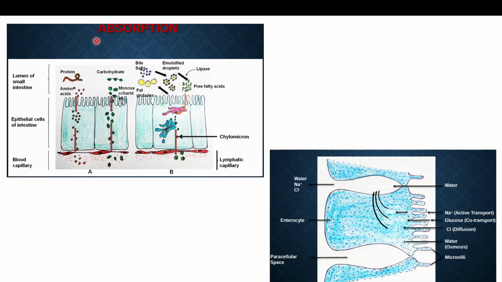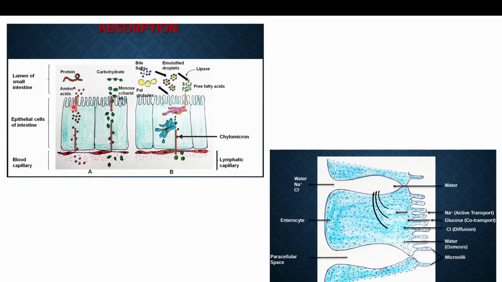So in case of absorption, what is happening? This is the lumen of the small intestine. Different kinds of macromolecules like proteins, carbohydrates, fats are actually broken down to the simpler forms like protein into amino acids, carbohydrates into saccharides or monosaccharides, lipids into emulsified droplets and free fatty acids, which are eventually taken in.